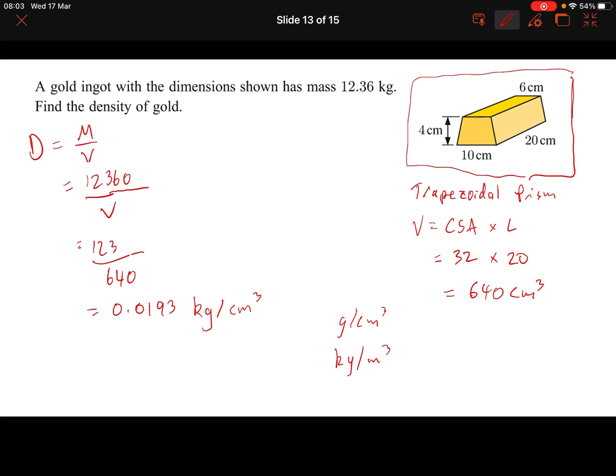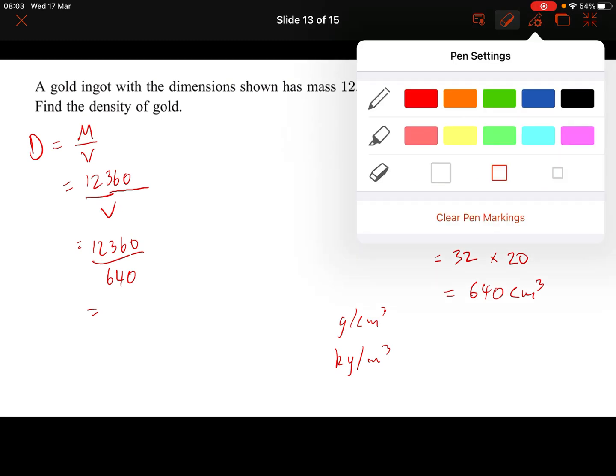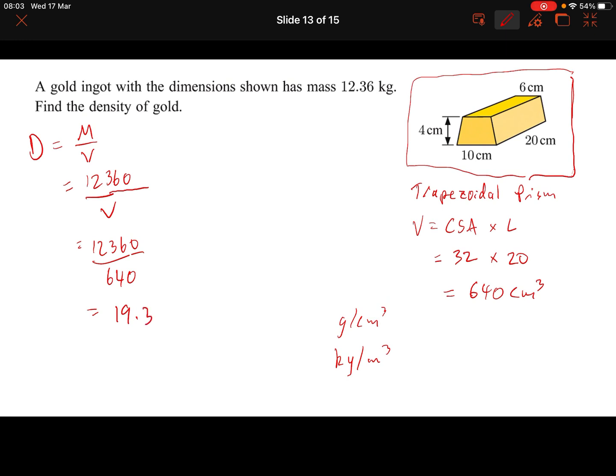So 12360 divided by 640 will be equal to 19.3 grams per centimetre cubed.